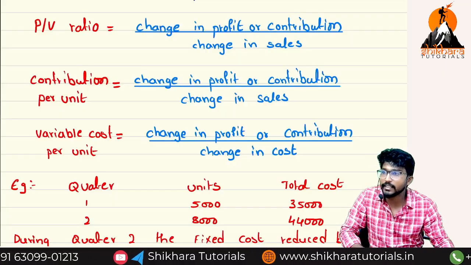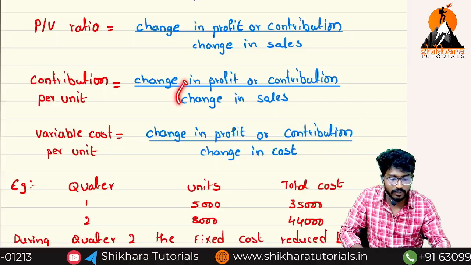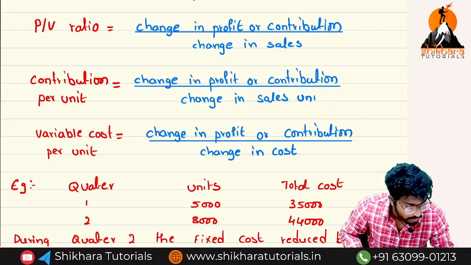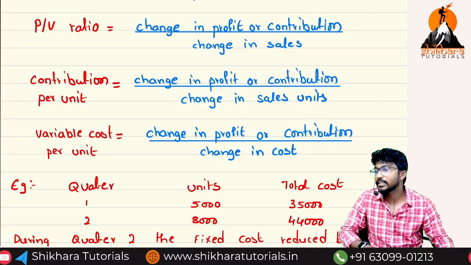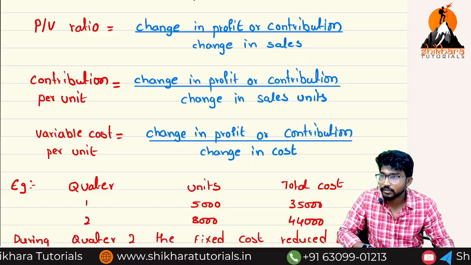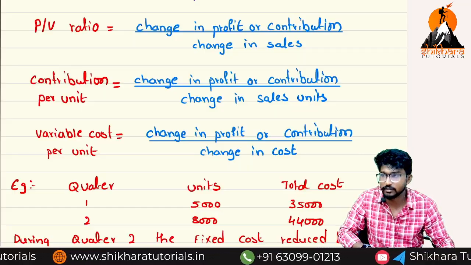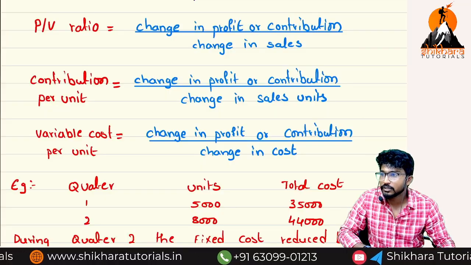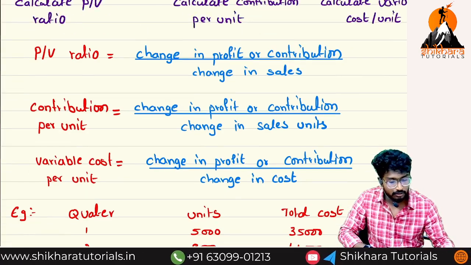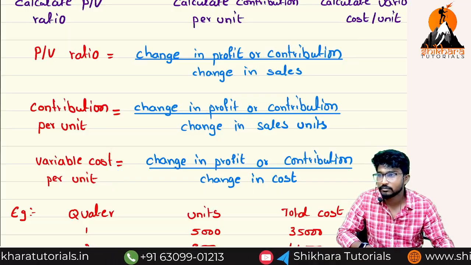If you want to calculate contribution per unit, change in profit or contribution divided by change in sales units. Next, variable cost per unit. To calculate variable cost per unit, change in profit or difference in profit divided by change in cost or difference in cost, you will get the variable cost per unit. Any doubts regarding this one?